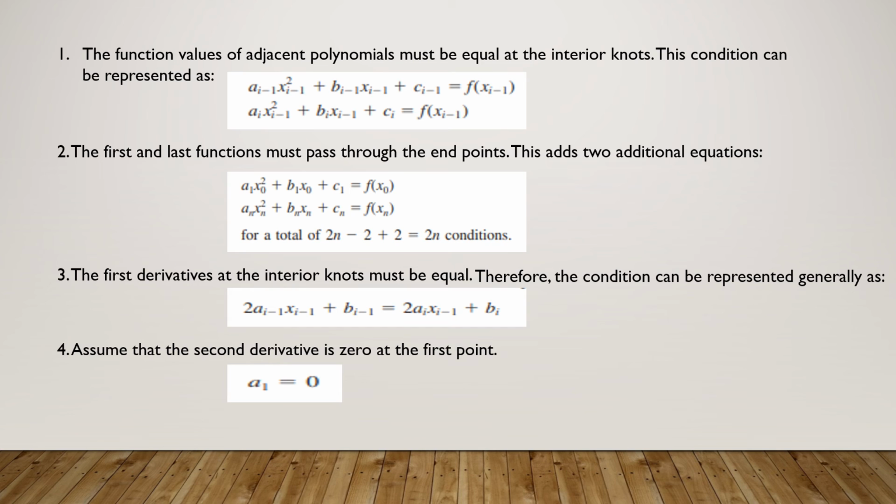So, yung pangalawa, the first and last function must pass through the endpoints. May additional equation yan, 2n conditions. Third, the first derivatives at the interior knots must be equal. Therefore, the condition can be represented as follows. And last, assume that the second derivative is 0 at the first point.